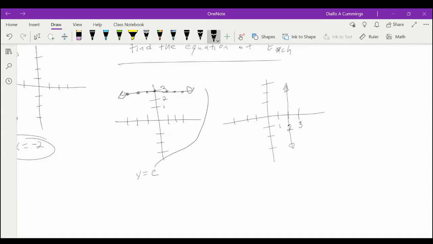And that number is going to be the number where it passes through the y-axis. And for this one, since it's vertical, it should be in the form x is equal to some number. So the x value on this one should be 2.